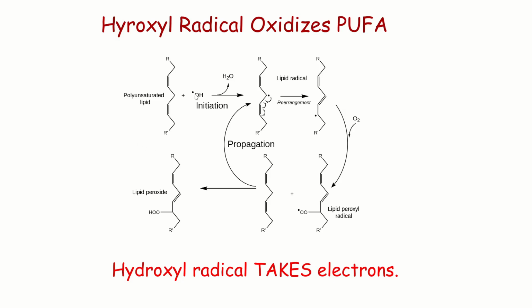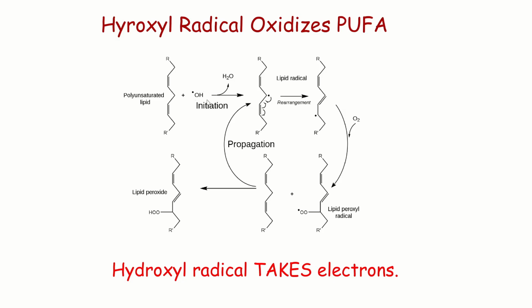And so what happens is the hydroxyl radical just takes an electron from a molecule of polyunsaturated fat. So most likely that's going to be linoleic acid, which is typically the most common polyunsaturated fat that we see in most animals.